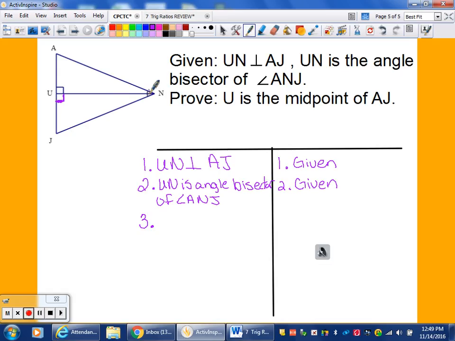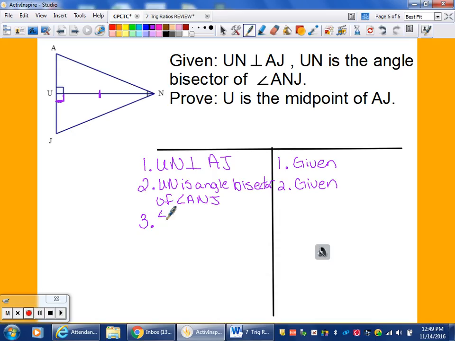They gave me angle bisectors, they gave me the two right angles, but I also know that it's sharing a side. Is this going to be hypotenuse leg? No, there's no way. They say nothing about the hypotenuse, right? So I don't need to prove the triangles are right triangles. I just need to be able to say that those two angles are congruent because they're right angles, right? Yeah.